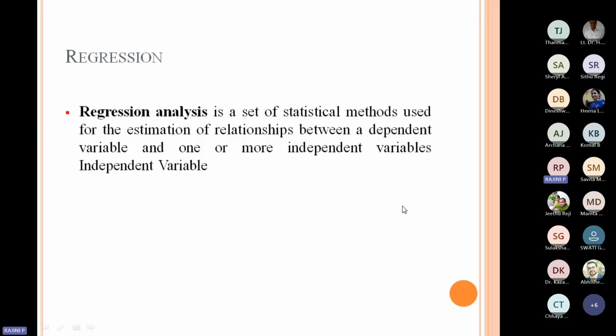Yeah, next one is regression. When we apply regression analysis, we can find the correlation, and not only that, you can predict the future value. So if you want to predict the future value, we go for regression analysis.